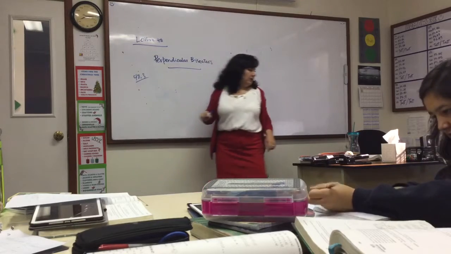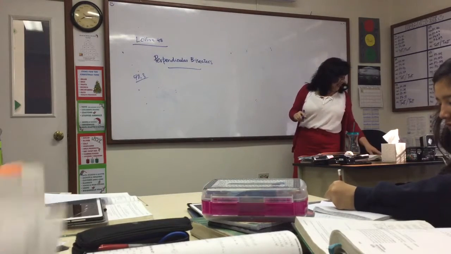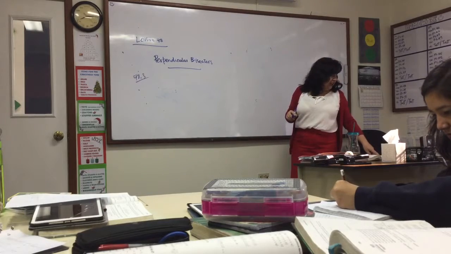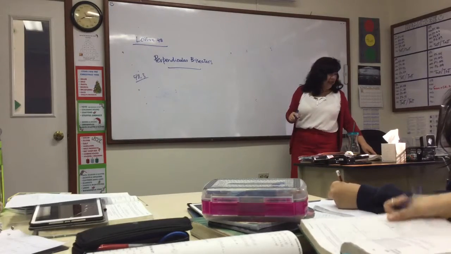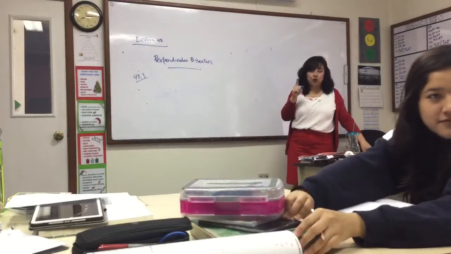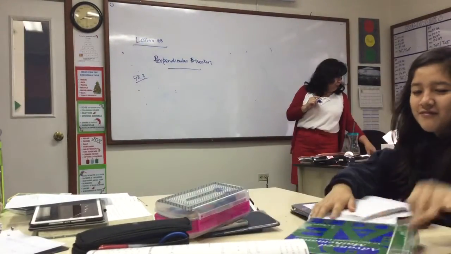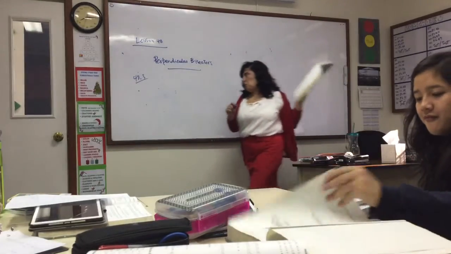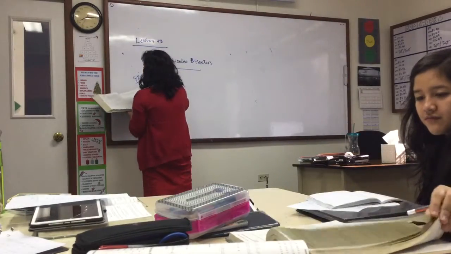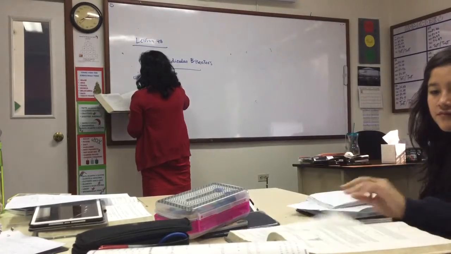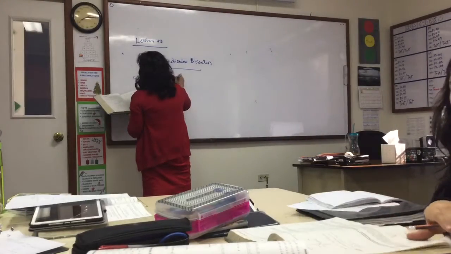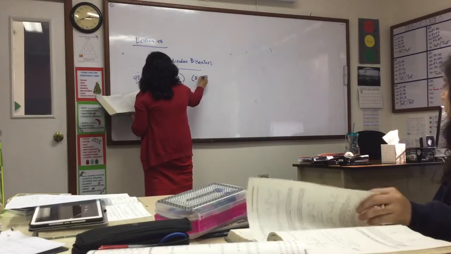It says, find the equation of the perpendicular bisector of the line, and by the way, it has to be perpendicular, and I'll explain why, whose endpoint coordinates are (4, 2) and (8, -3).